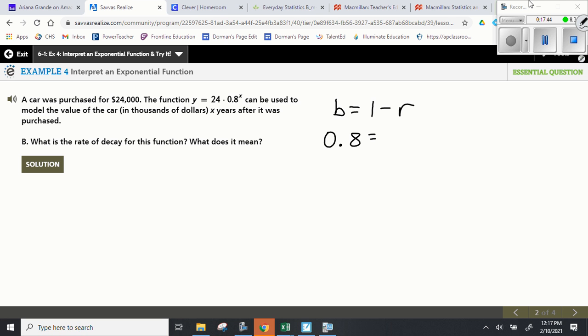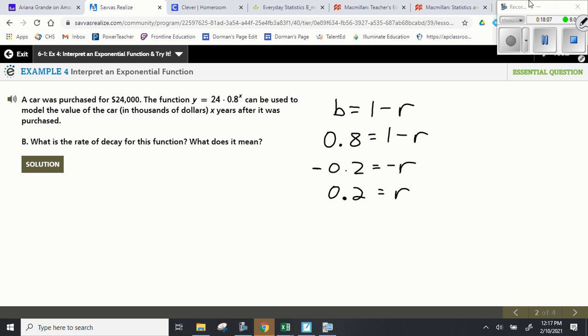So we'll subtract 1 from both sides, and that's going to give us negative 0.2, which is negative r. We'll change the sign of both sides and we find out that our rate of decay is 0.2.